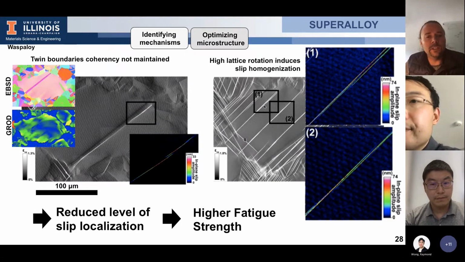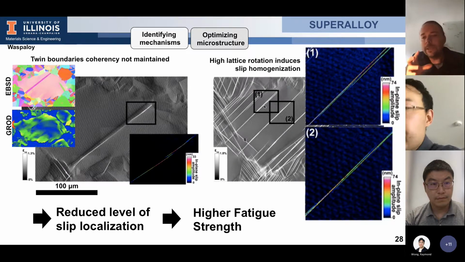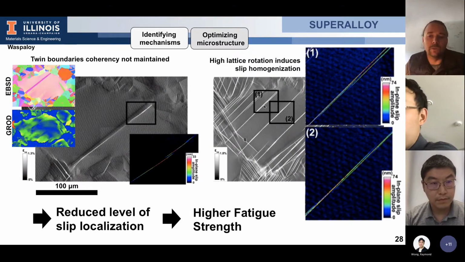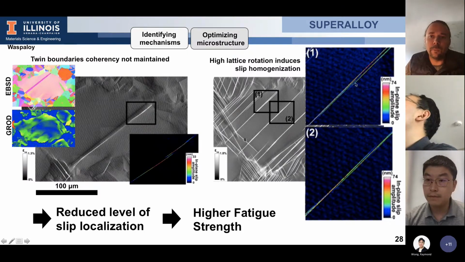So we are still investigating that. We believe it's related to maybe, because you have this lattice rotation, a reduction in resolved shear stress, and then the dislocation doesn't have enough energy to continue to move. It can also be that you have immobile dislocation. For instance, in this example, the slip stops, and you develop a new slip band near it.